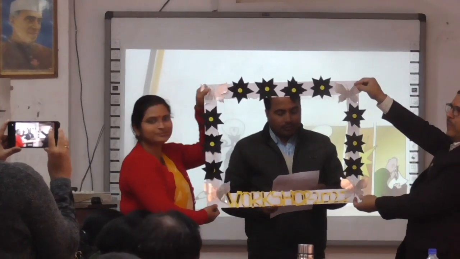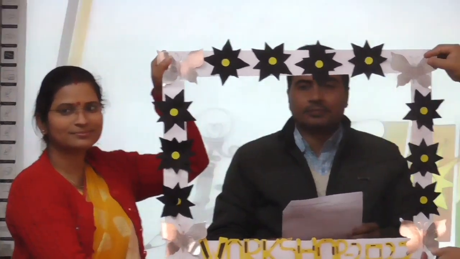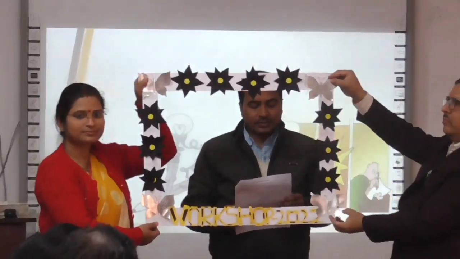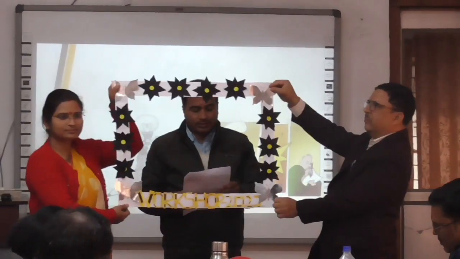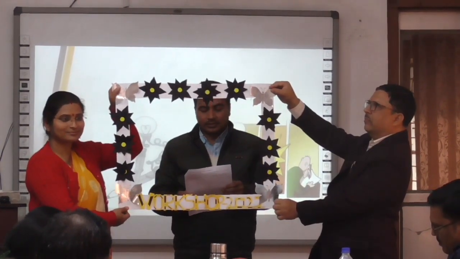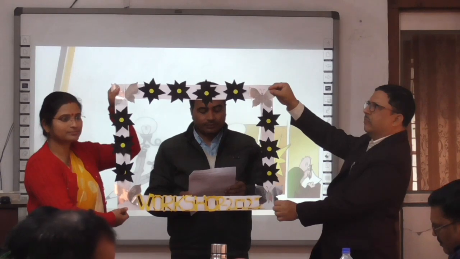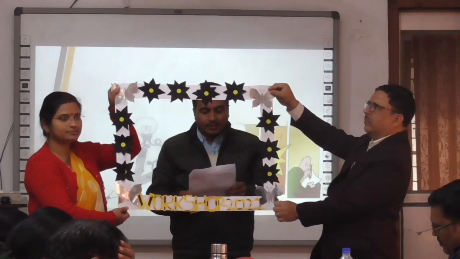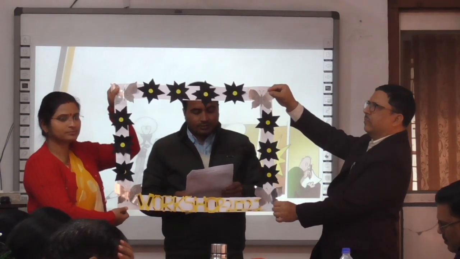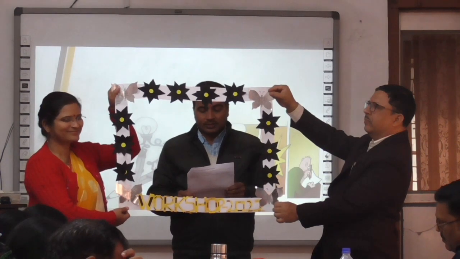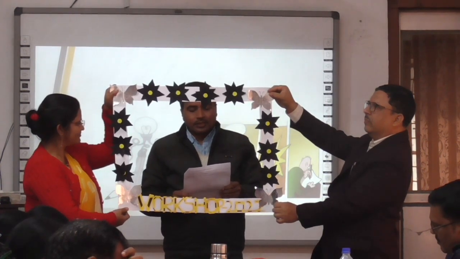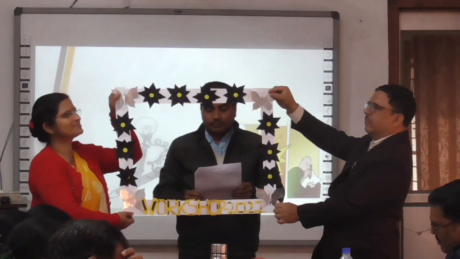Good afternoon to all. The objective of this activity or experiment is to make the students able to understand the different properties or nature of the material on the basis of solubility, saturated and unsaturated solution, and types of solution, etc. Now the observation.